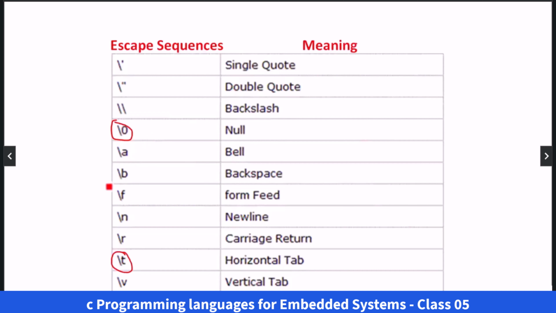After that, \r is known as a carriage return. About that we'll discuss in a moment, don't worry. If you want to print a backslash, you can use \\, and if you want to print a double quote, you can use \".